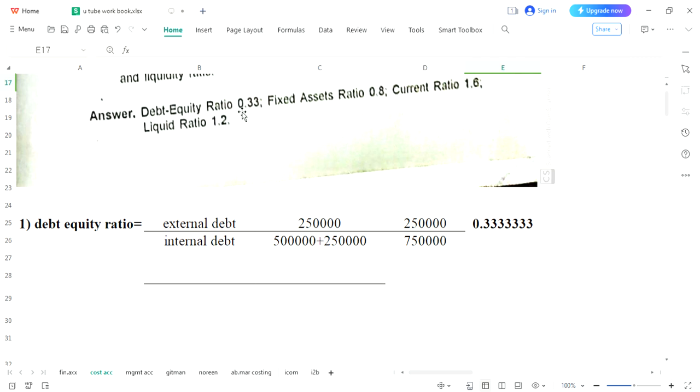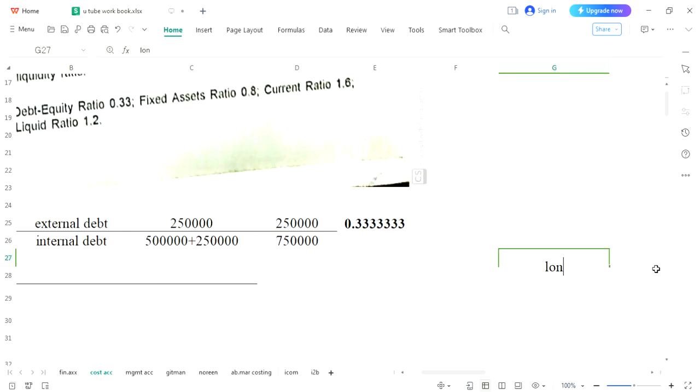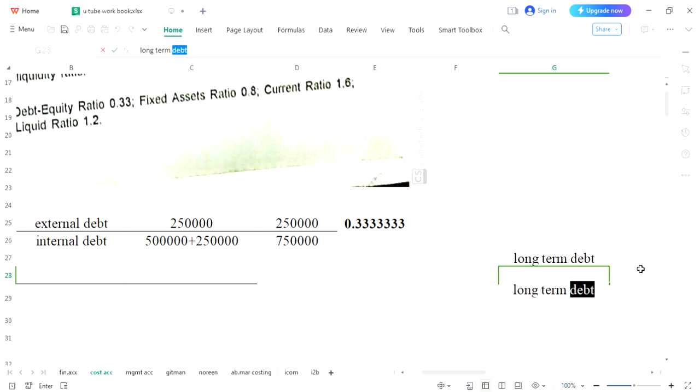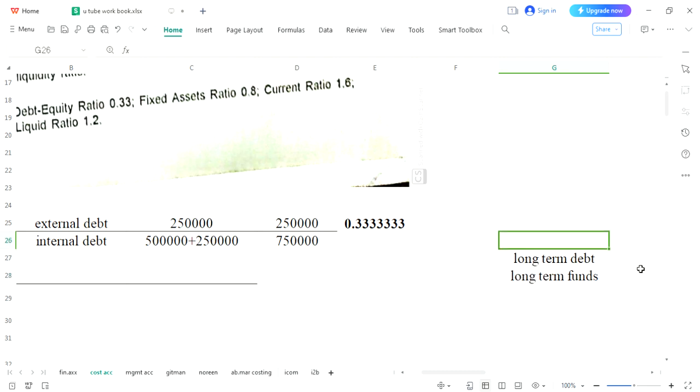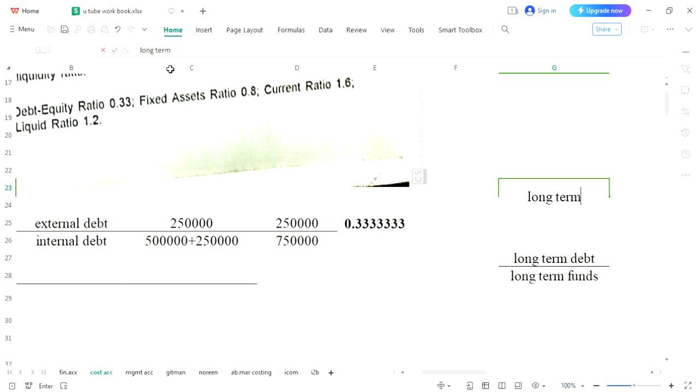Otherwise, what was required? We would need to put the other formula which you do know, long term debt over long term funds. This is the third formula. And the second formula, long term debt divided by shareholder fund.